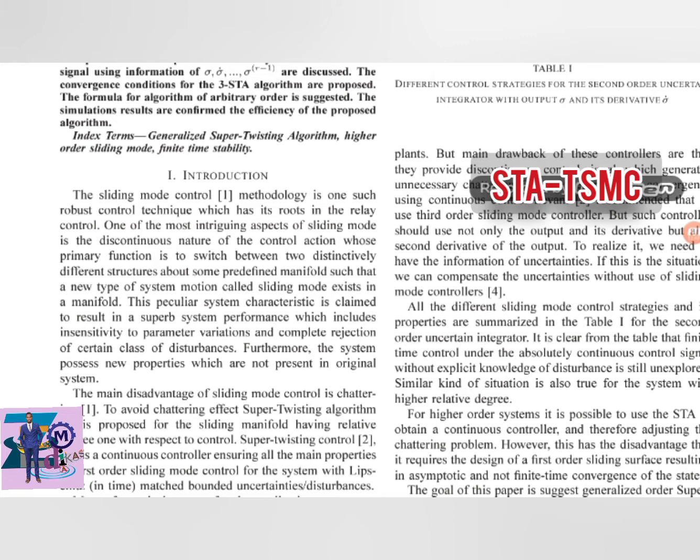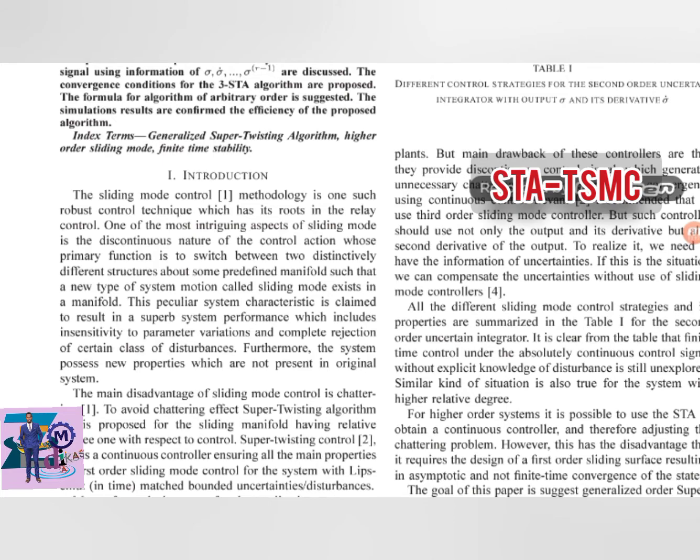I don't care about the plant system, but I'm speaking about the controller system. You may select any system you need in your study, but my point here is not to speak about the plant, but about the genuineness of this particular controller algorithm, the so-called super twisting.